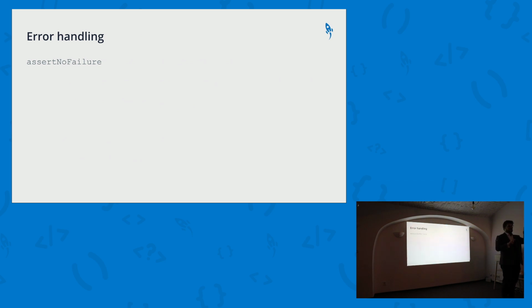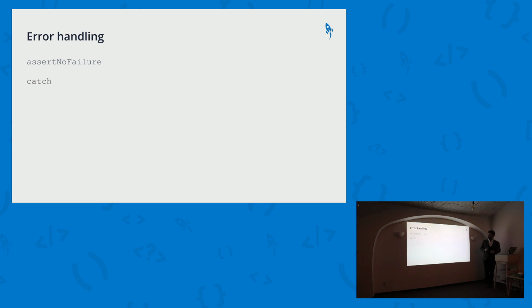That you have the value and the failure type. What this operator does is that if you take a source of events and then assert no failure, it changes the error type to never. Sadly, if it fails, then it breaks the app, but well.